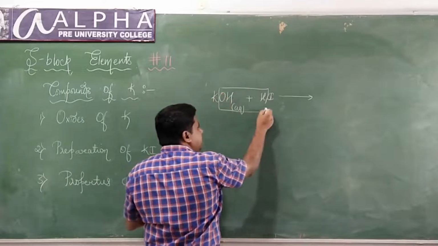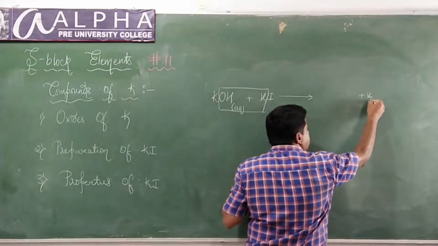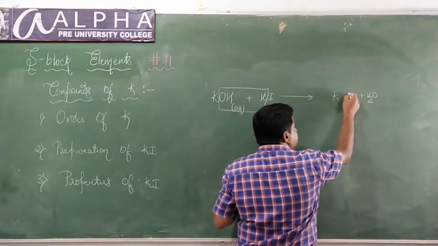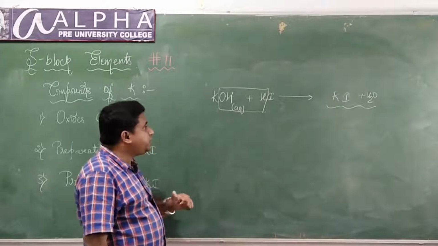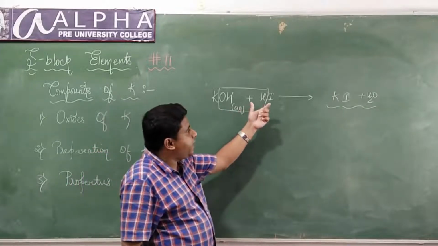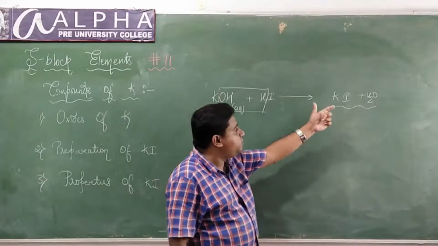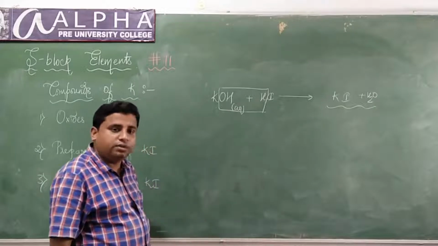H plus OH, it is nothing but H2O, plus potassium iodide. Such a simple method of preparation of potassium iodide. When potassium hydroxide reacts with hydrogen iodide, it will form potassium iodide and water.